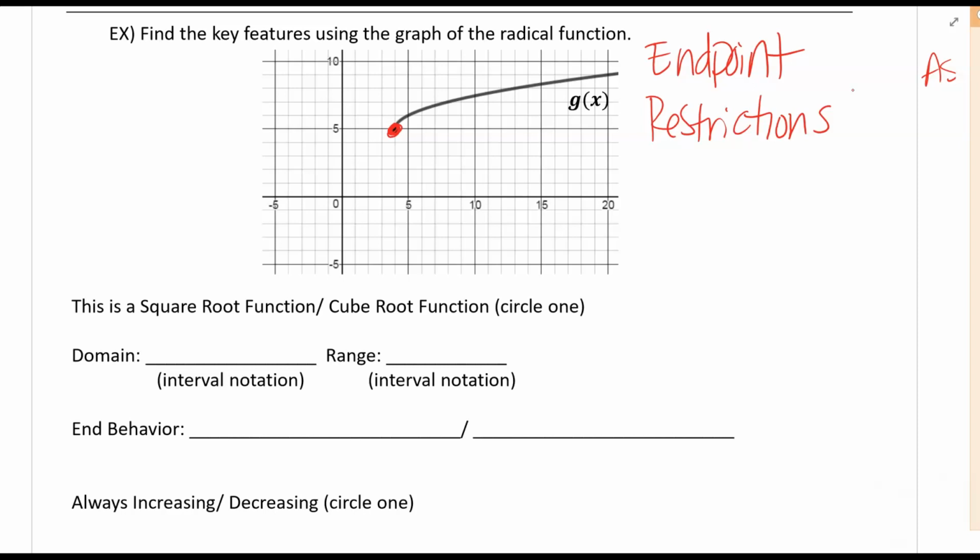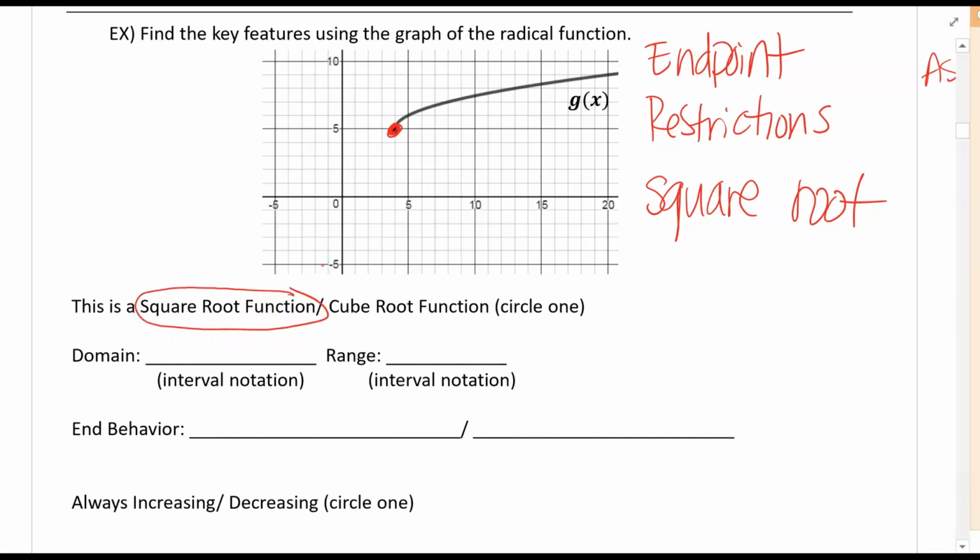And so which function had the restricted domain? The square root or the cube root? The square root. So the restricted domains are for the square root functions. Because of that endpoint, your domain is restricted to certain values. So that means that this is a square root function. So we're going to circle, this is a square root function.